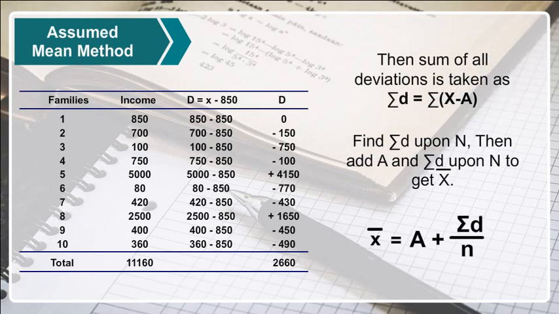Therefore, x bar equals A plus summation d upon n.